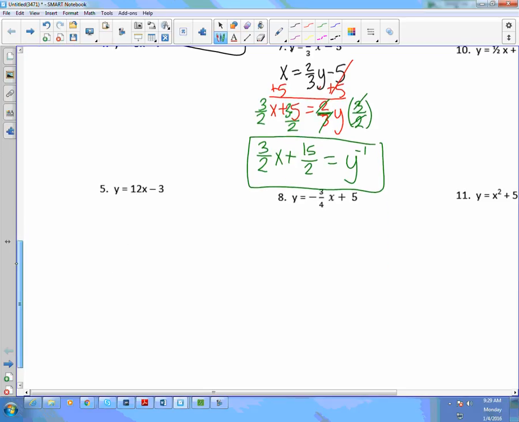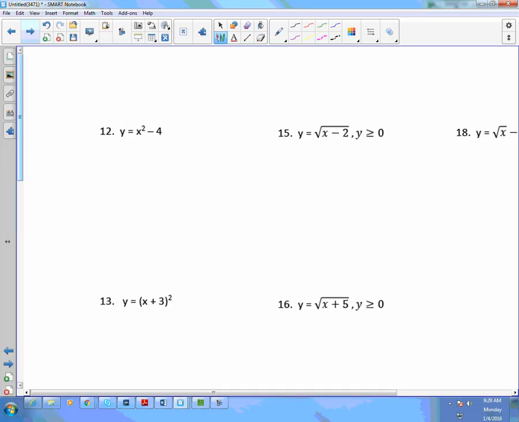Okay, I think on the next page we have some more complicated ones with square roots. Okay, let's try number. We're not going to change it to f of x, so that second step we wrote. What's the second step, Lena?